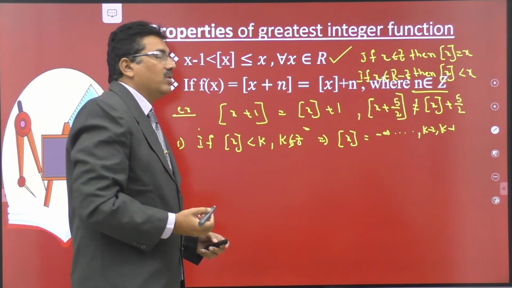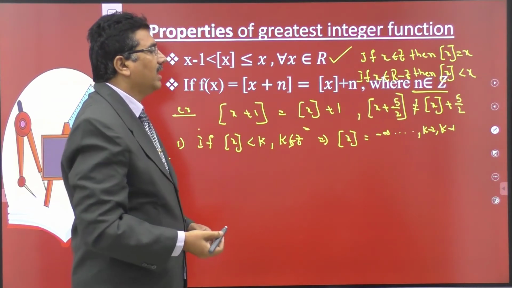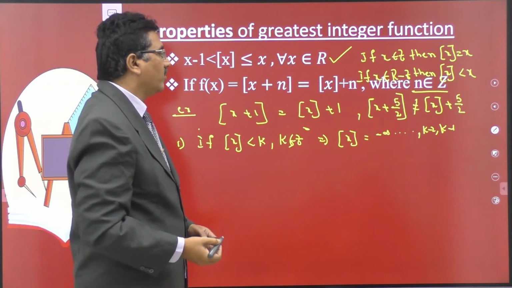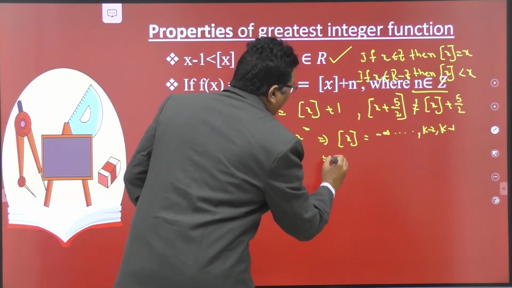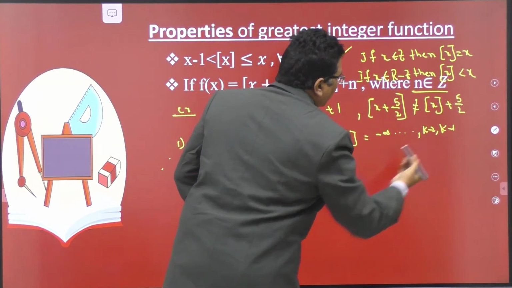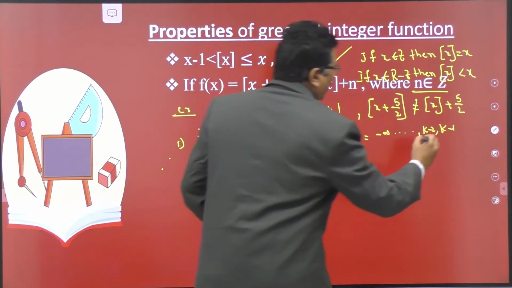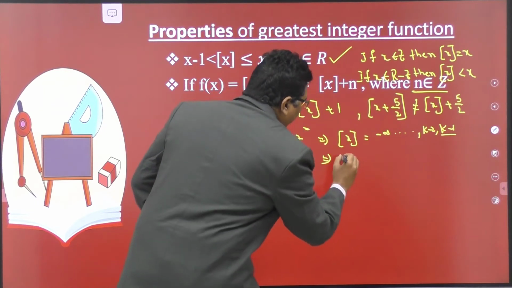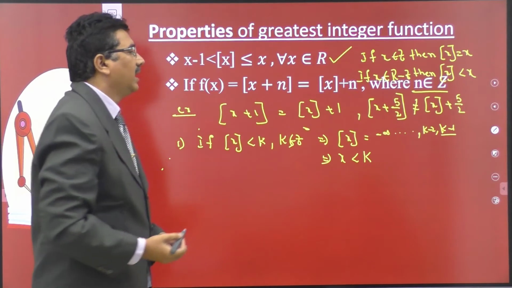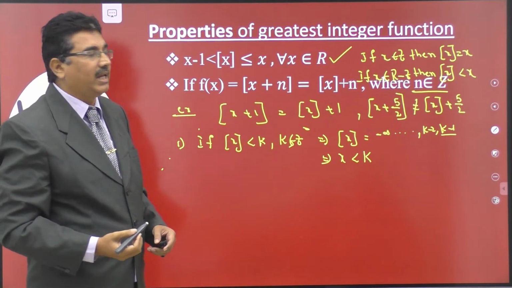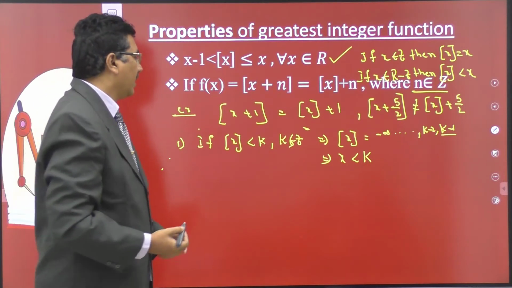From this, that implies box x is at most k minus 1. Box x equal to k minus 1 means x must be less than k, right?